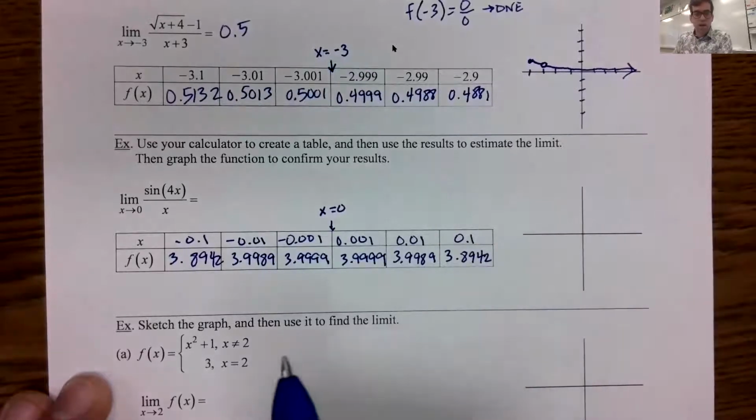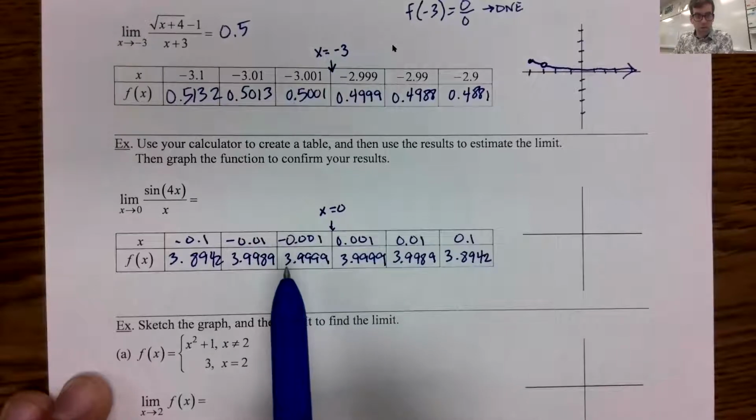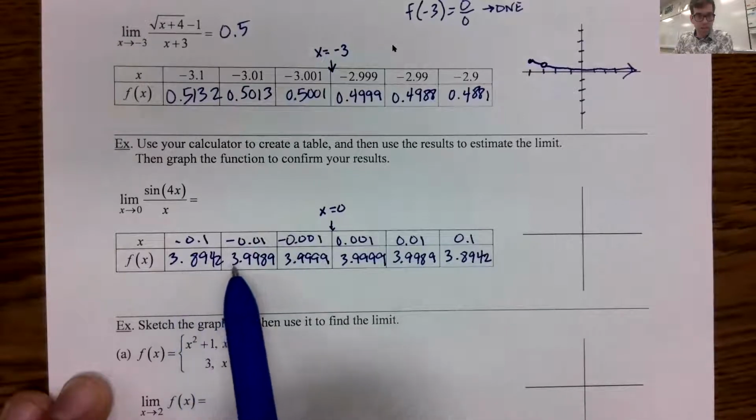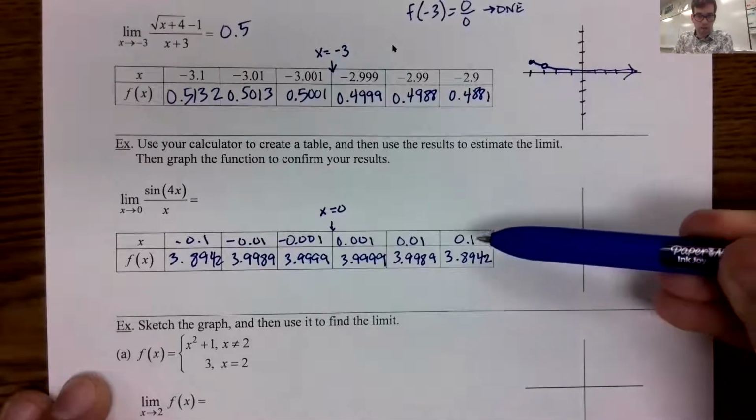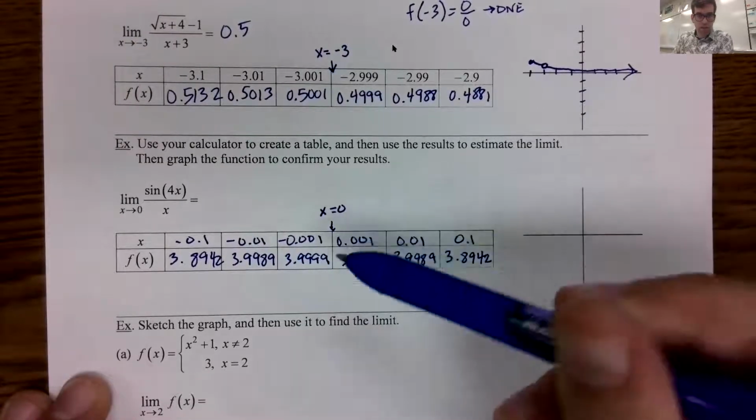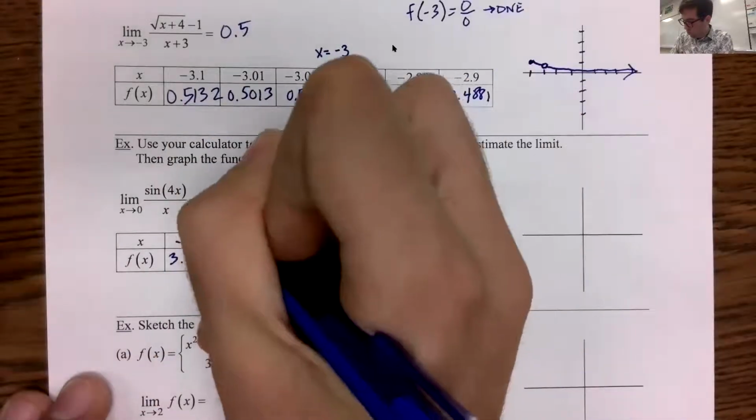Okay, so this is increasing towards 4. And then on this side, if I look at it from the right, it's also increasing towards 4. So this answer actually is 4.